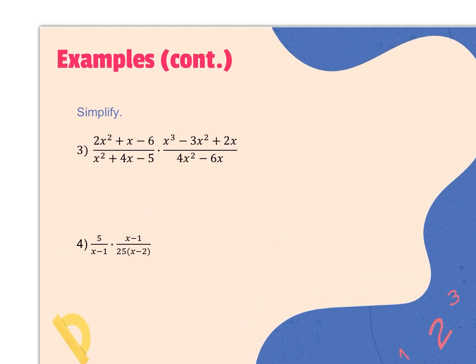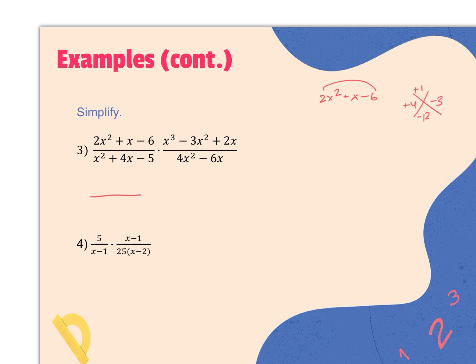Again, here's another multiplication problem. Notice we have trinomials and binomials and whatever, so we're going to do each one. I'm going to do it right underneath it. So this first trinomial at the top, 2x squared plus x minus 6. To factor that, I need a product of negative 12 and a sum of 1. So I know that's plus 4 minus 3.